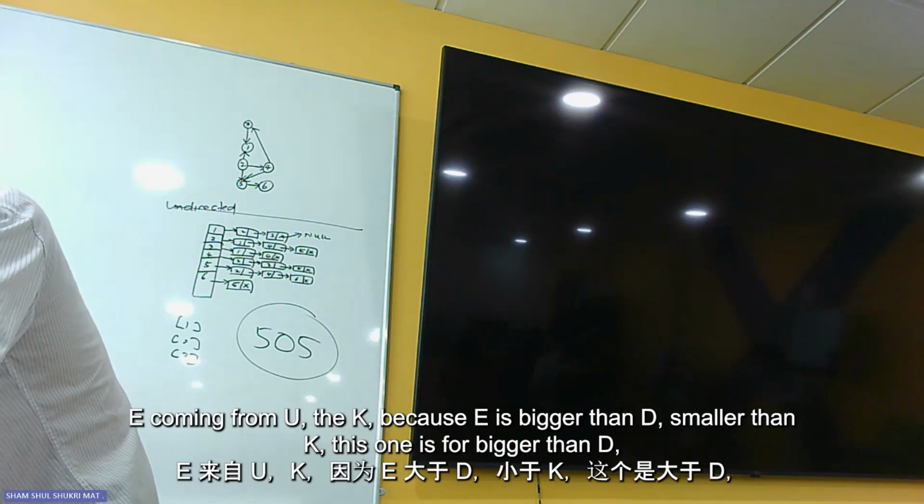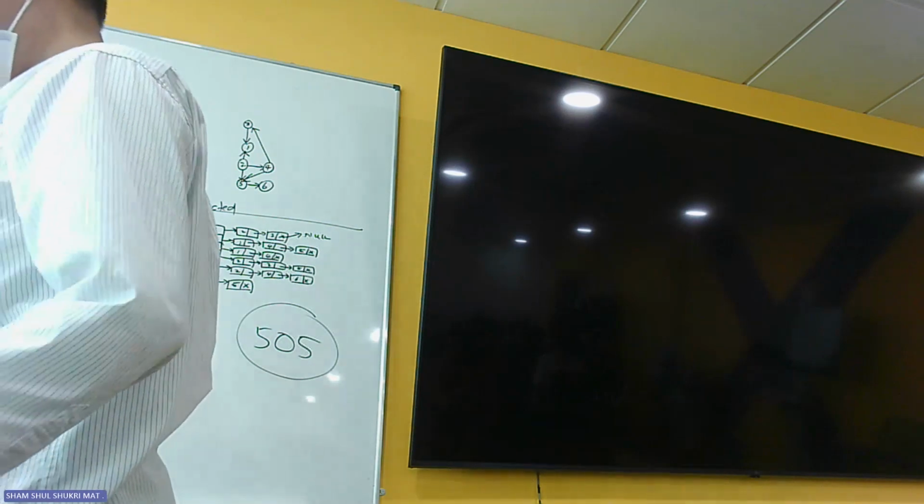E is coming from here, the K, because E is bigger than D, smaller than K. This one is for bigger than D, smaller than K. Clear?